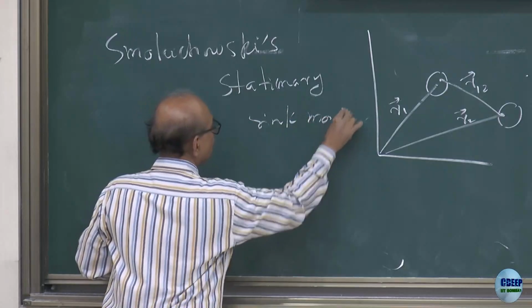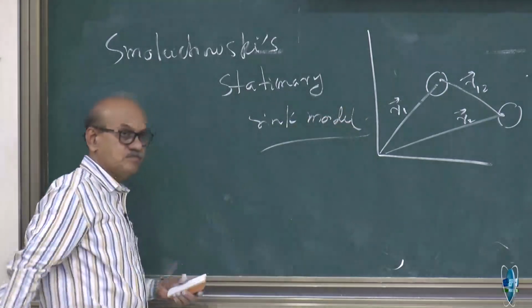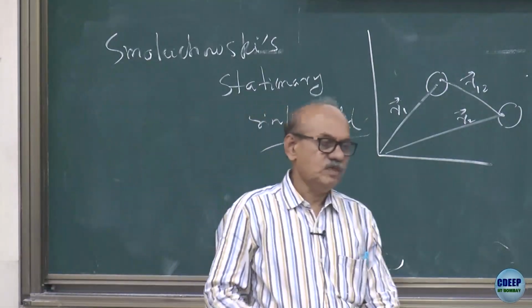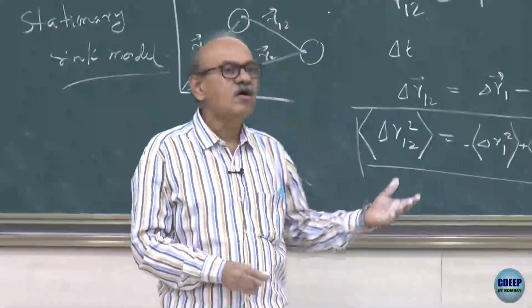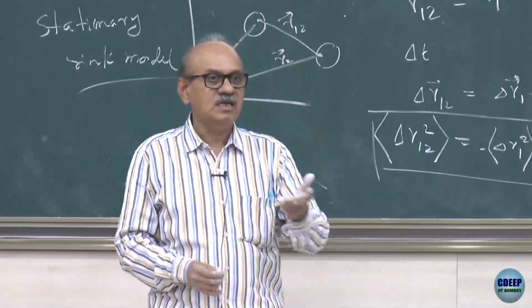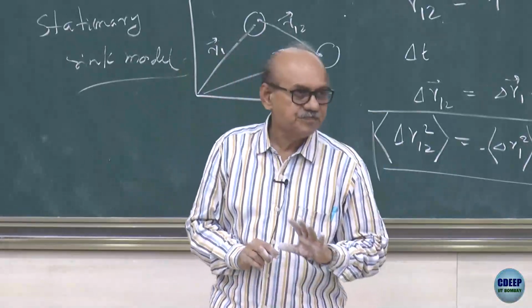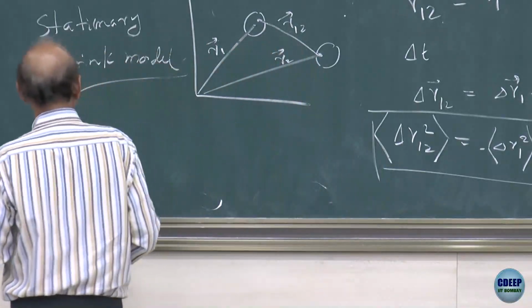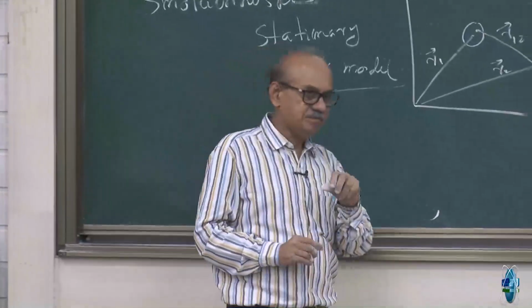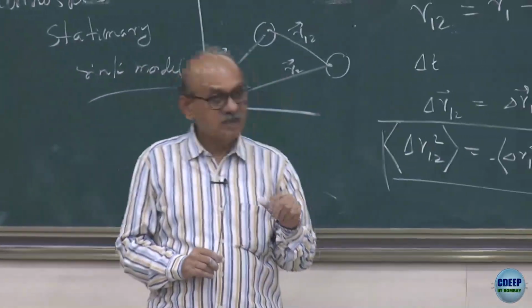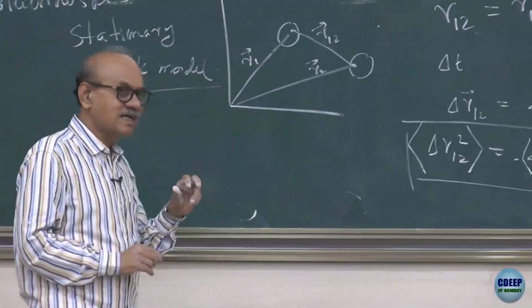All these words are loaded. Stationary because there is no relative convective motion. They are not having either gravitational sedimentation, or they are not moving in electric fields, or they are not moving in shear flows. They are in a stationary fluid. Now, sink is the key word. As I mentioned, how do I describe the sticking?